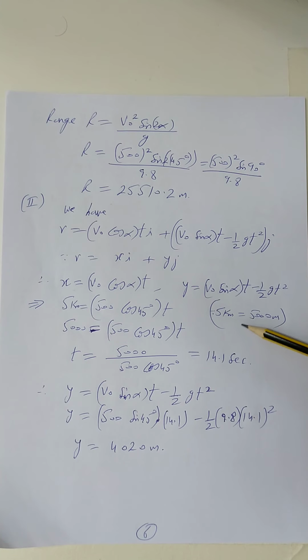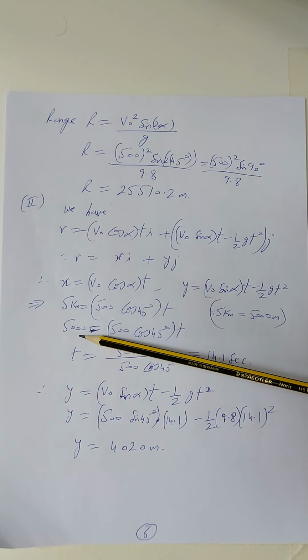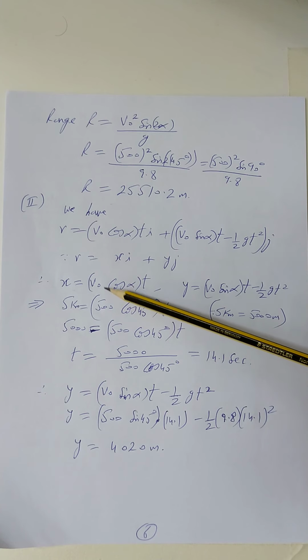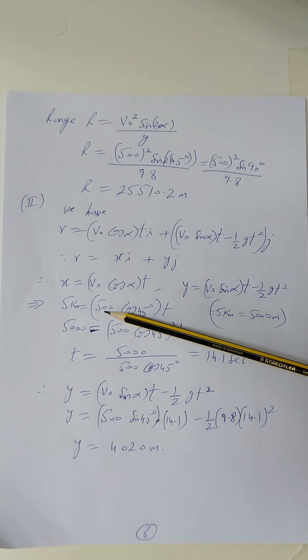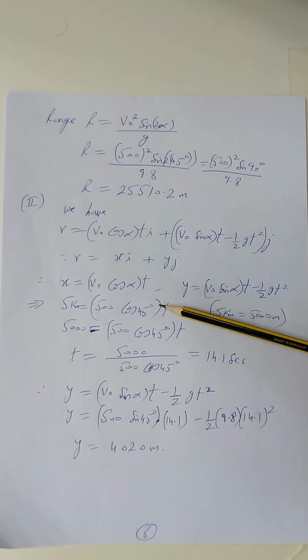In 1 kilometer there are 1000 meters, so 5 kilometers will be 5000 meters. That is why we must convert this. So 5000 meters equals your initial velocity, 500, and the angle is 45 degrees. So we can find the time t from here.